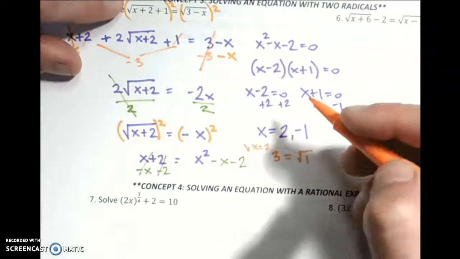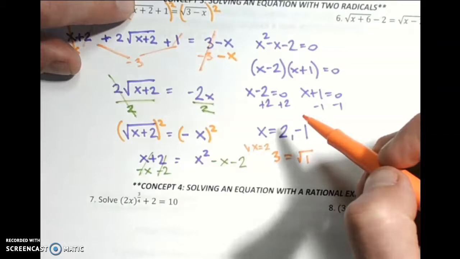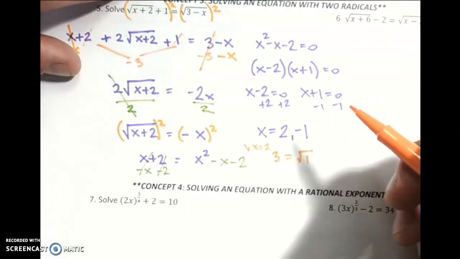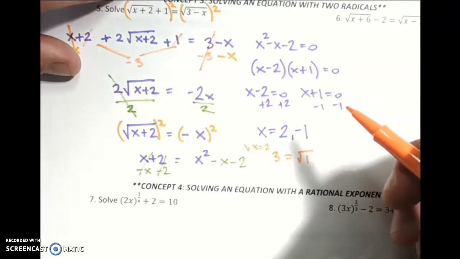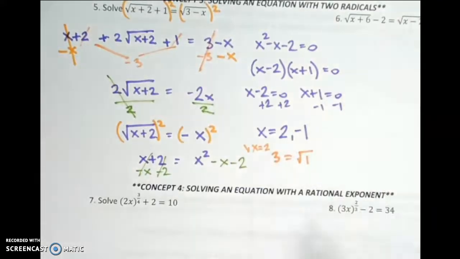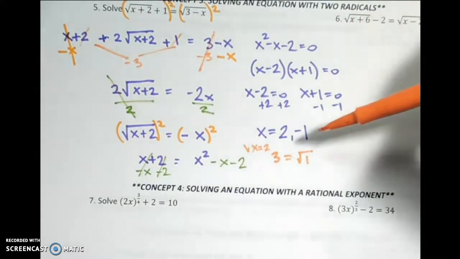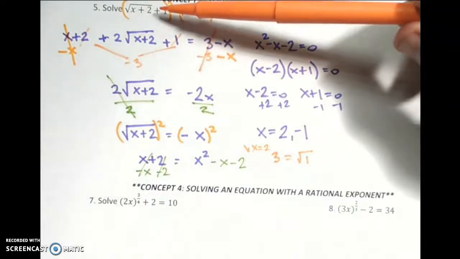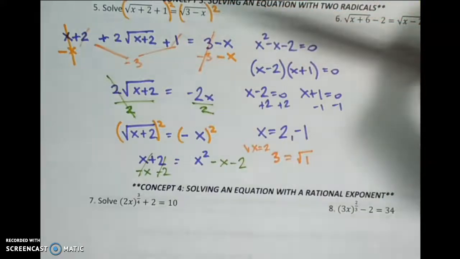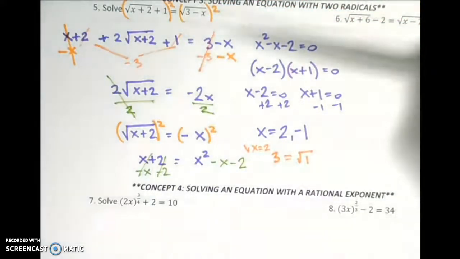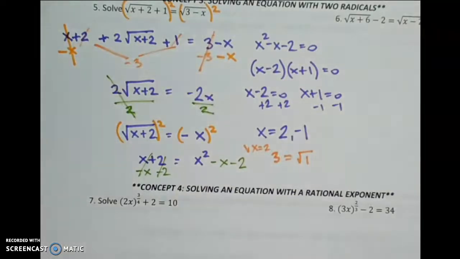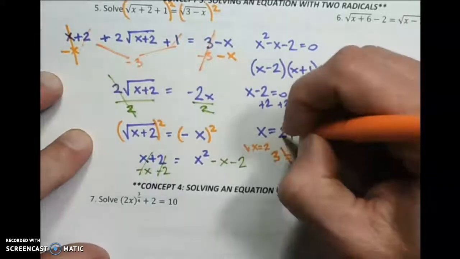I think I did something wrong. One second. 2 plus 2 is 4. Square root of 4 is 2. Plus 1 is 3. 3 minus 2 is 1. Square root of 1 is 1. Doesn't seem to work. Okay, I'm going to say, nope, that doesn't work.